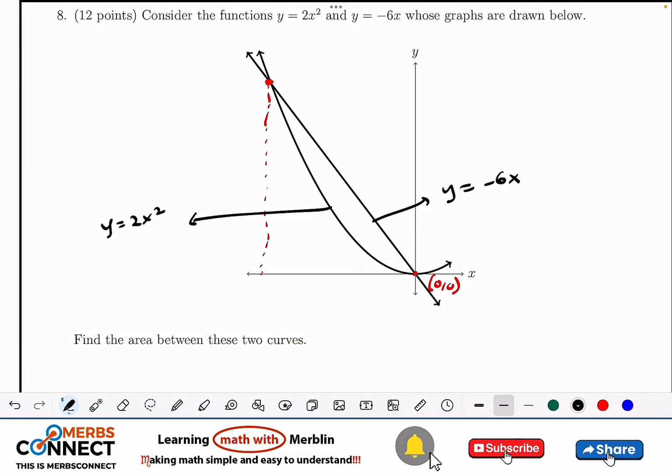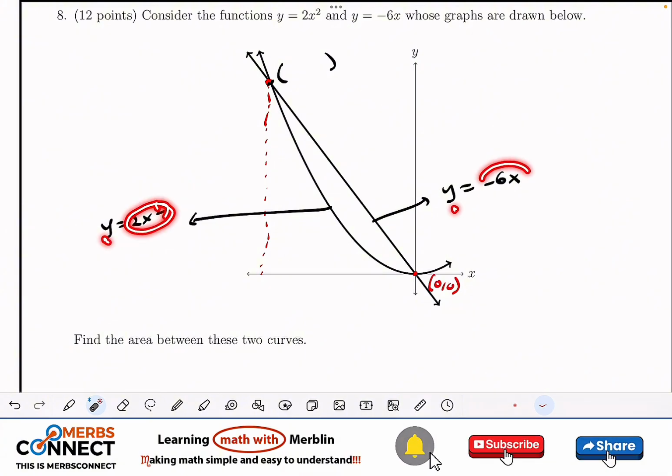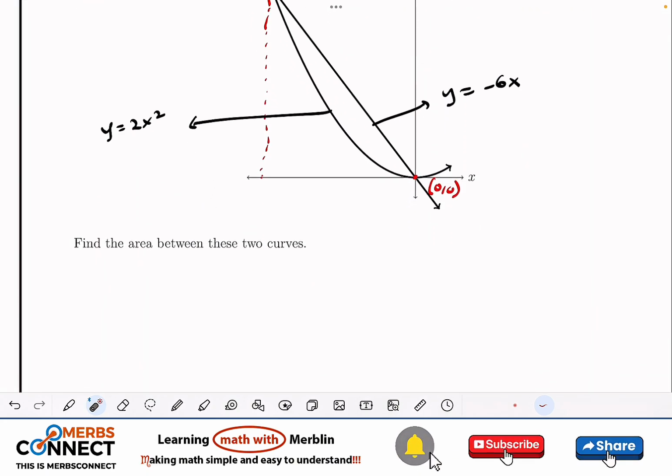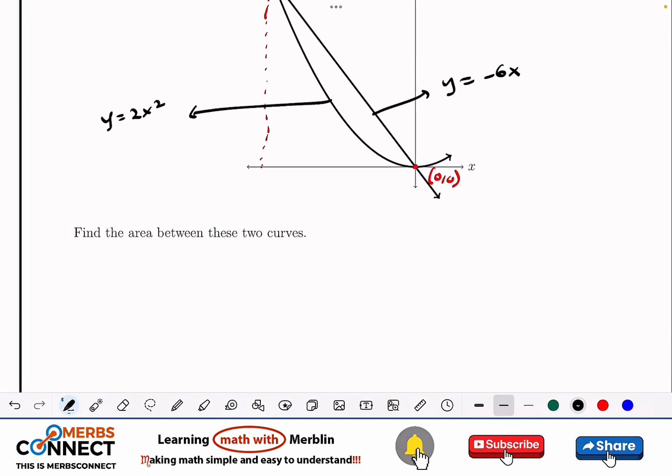So basically, for us to know the point here, we need to solve this and this simultaneously because they are intersecting, right? So if y is equal to this and y is also equal to this, then 2x squared is the same as what? Minus 6x. So let's do that. That's the first thing that we need to do.